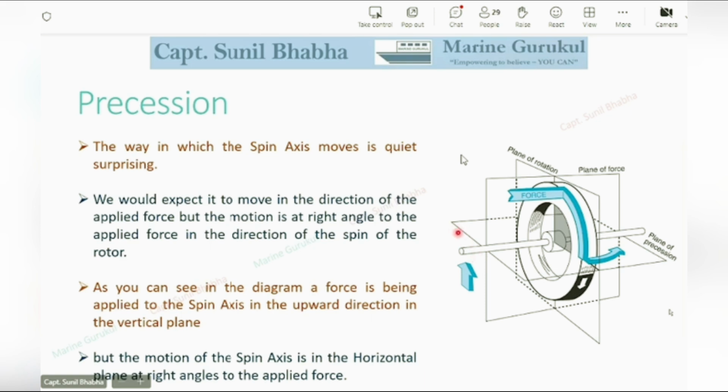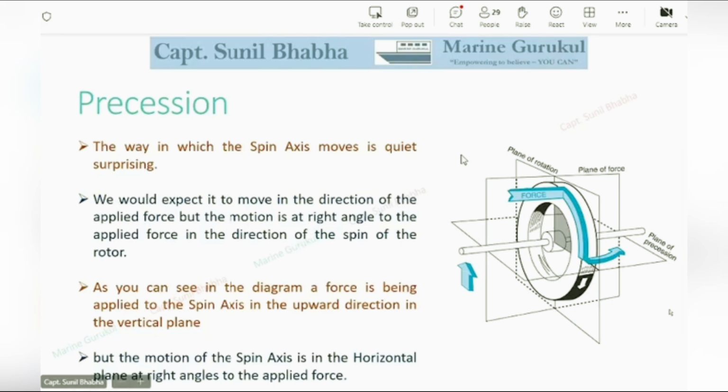So you are applying the force in this particular way, and the spin axis will move like this. You see this particular arrow being shown here. The force was trying to move the rotor in this particular direction, but it will turn 90 degrees in the direction of spin, and the spin axis will move in the horizontal plane.